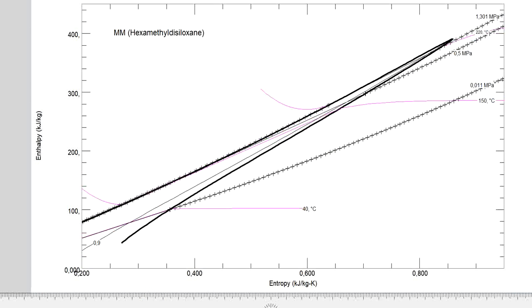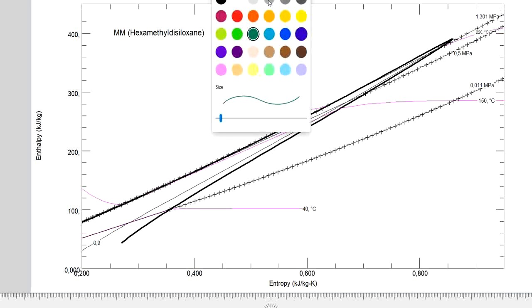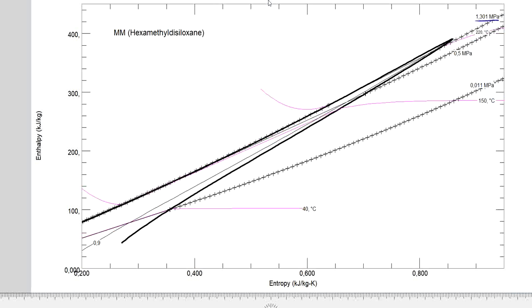So at 220 degrees C we have the pressure of 1.3 megapascals as the evaporation pressure, and for the condensing temperature of 40 degrees C the pressure is 0.011 kilopascals.